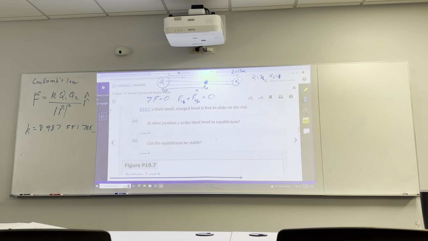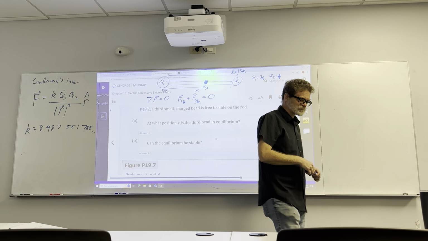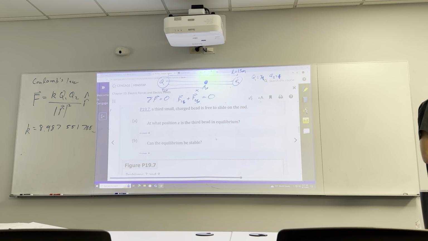The charge Q naught is part B. Let's see if we can find out where that charge is, and then we'll answer question B second. Let's do question A. We'll do 2 dimensions on Wednesday. Stick with 1 today.